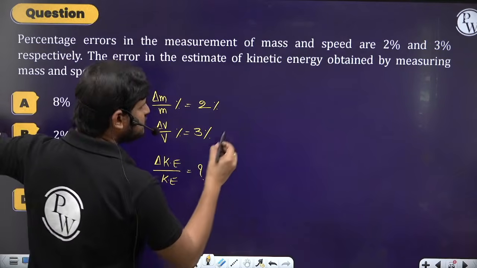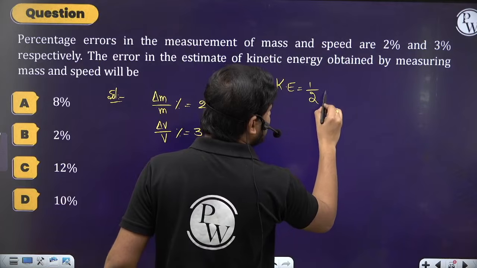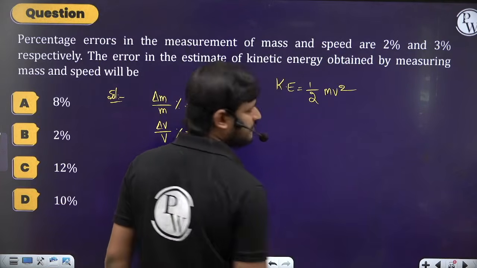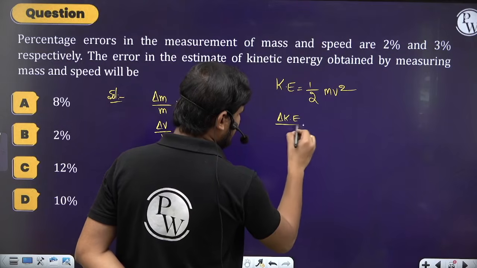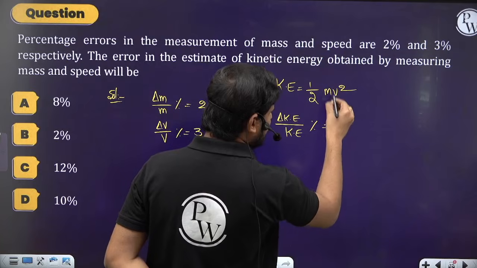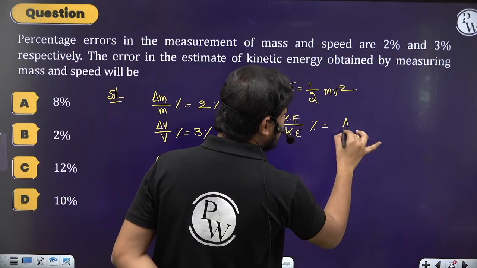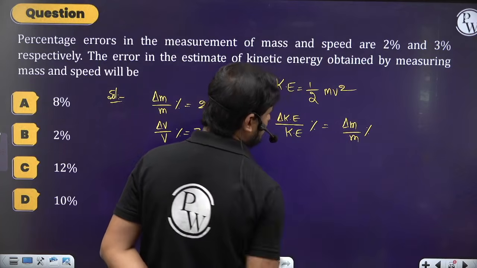Simple thing. What's the KE formula? Kinetic energy, you already learned in the 9th grade, half mv square. If you require delta KE by KE percentage, half is constant, so m to the power 1 gives delta m by m percentage.